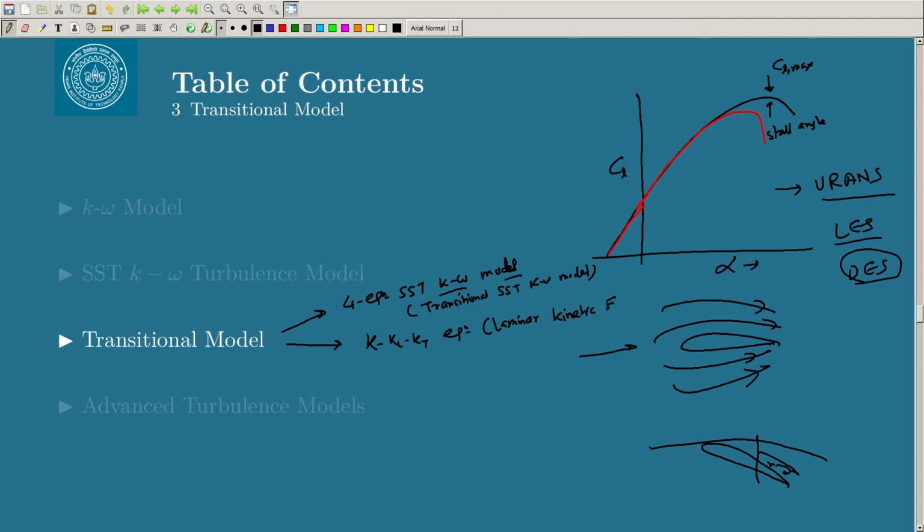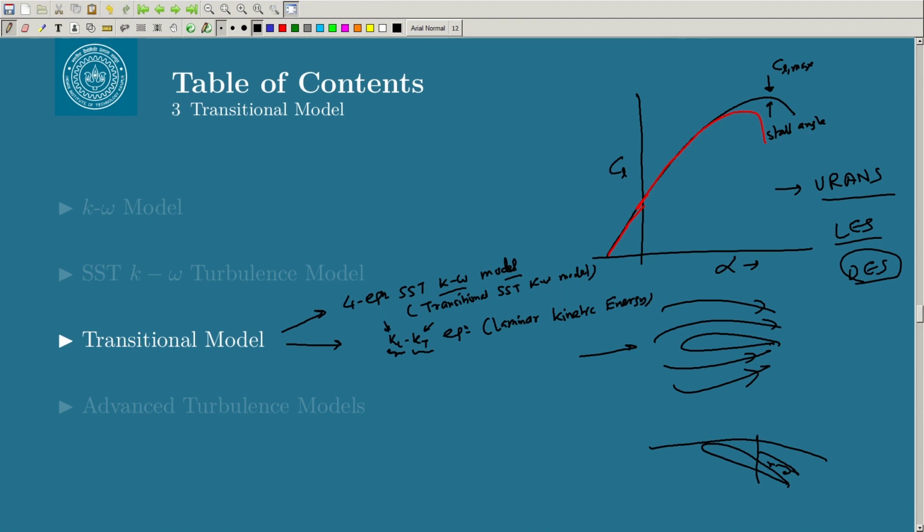Here you can see that there is a turbulence kinetic energy KT, but there is another term which is KL. This is a laminar kinetic model. So, you not only solve for the turbulence kinetic energy, but also solve for the laminar kinetic energy.